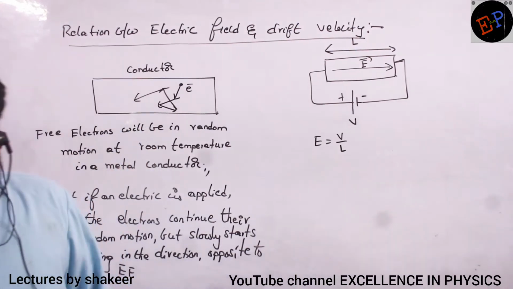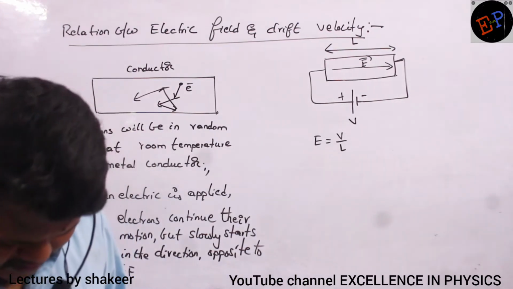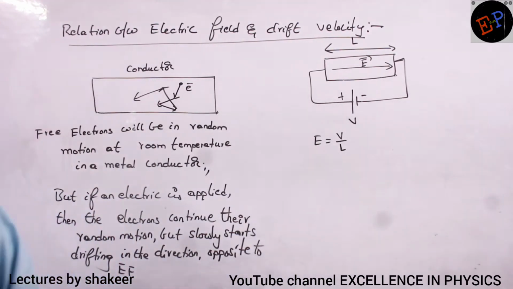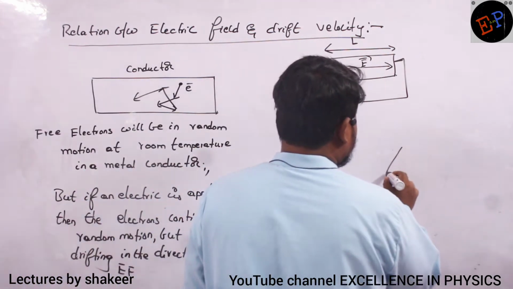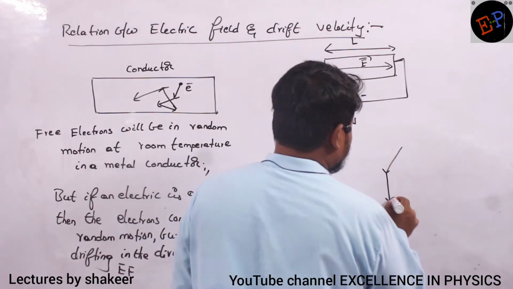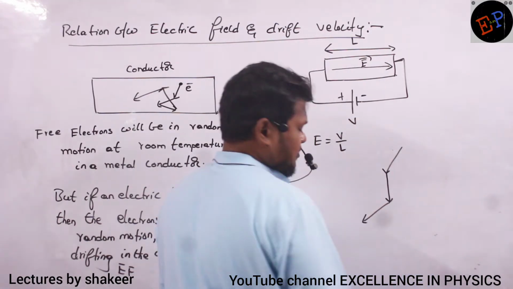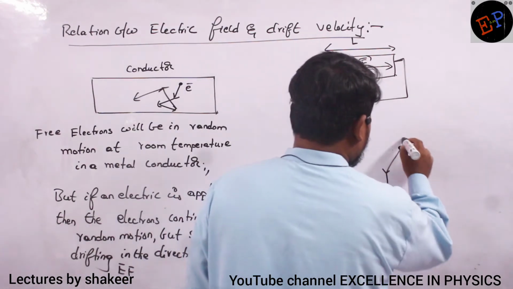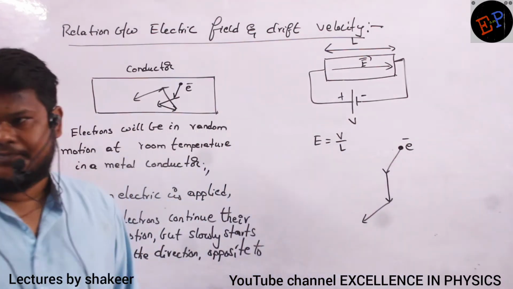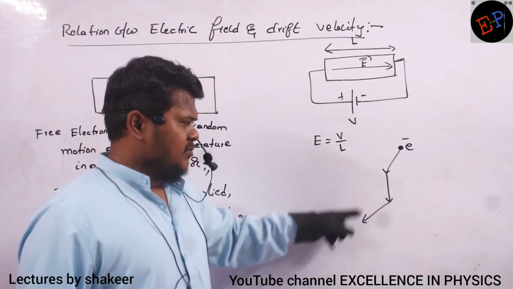So now how do these electrons drift? See, when there is no electric field, let us consider this electron has moved like this. In this condition, electric field is not there, so continuously electrons are moving in random motion.